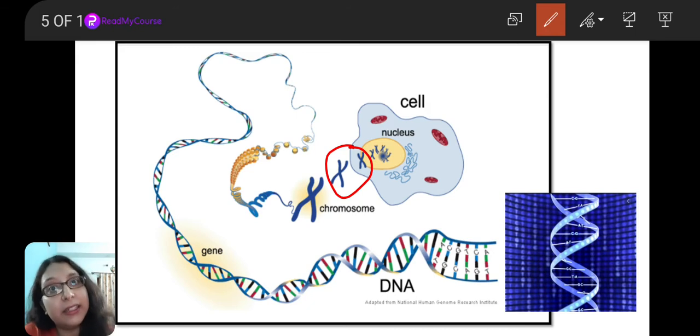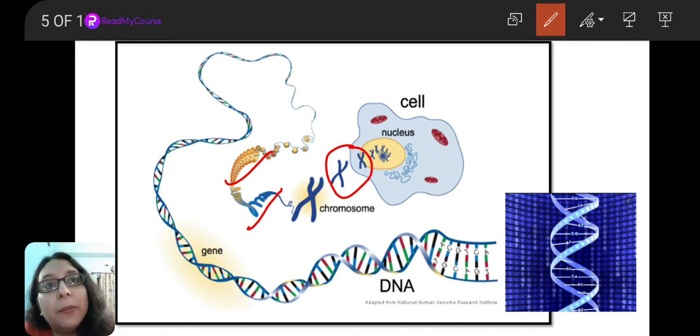Now, when we magnify the contents of a chromosome, we see these coiled structures. These are chromatin threads or fibers. When they are in a coiled form, that is the chromosome. When they are uncoiled, that is the chromatin. Coiled is chromosome, uncoiled is chromatin, right?